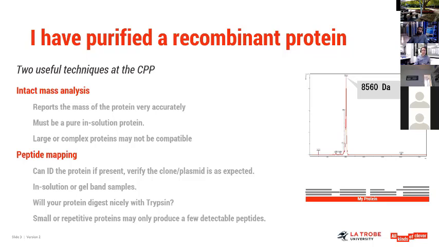Some considerations would be, does your protein actually digest nicely with trypsin? If you have a very unusual protein, say it's extremely small, repetitive, we may not get as many peptides as usual, but generally it works very well for the vast majority of stuff people submit to us.